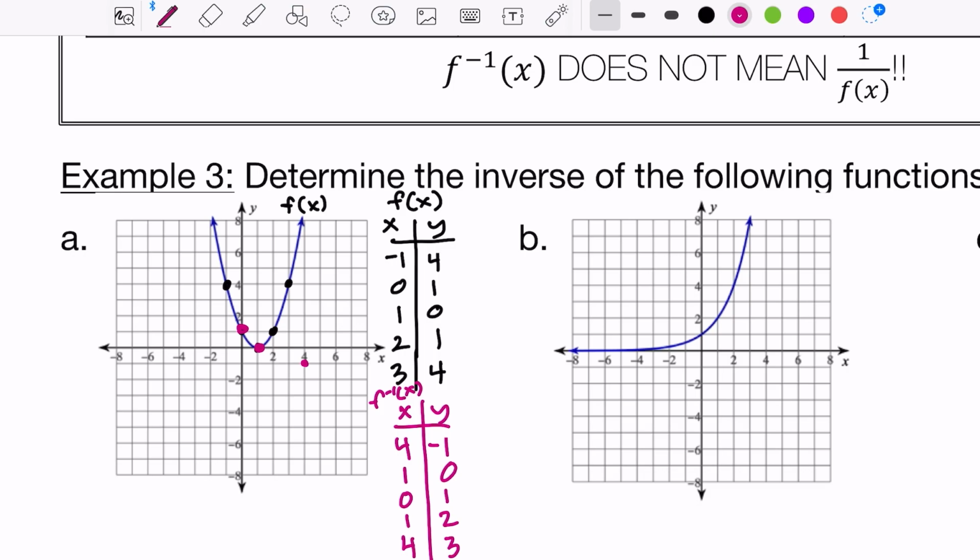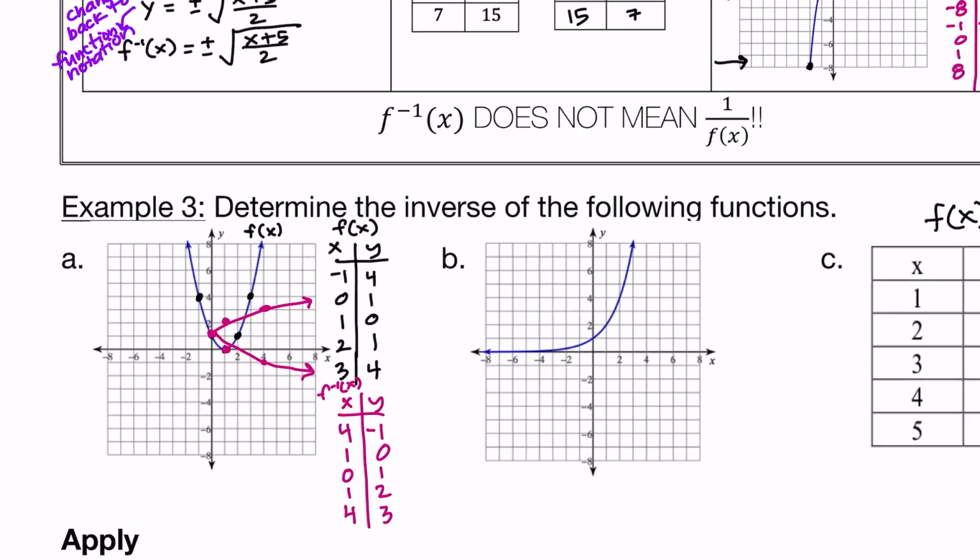Looks like you might be doing it wrong because you've landed on 2 points, but trust me, you haven't. You'll see it in a second. 1, 2. Oops. I knew I did something wrong there. And then 4, 3. And you can see that it is a sideways parabola.